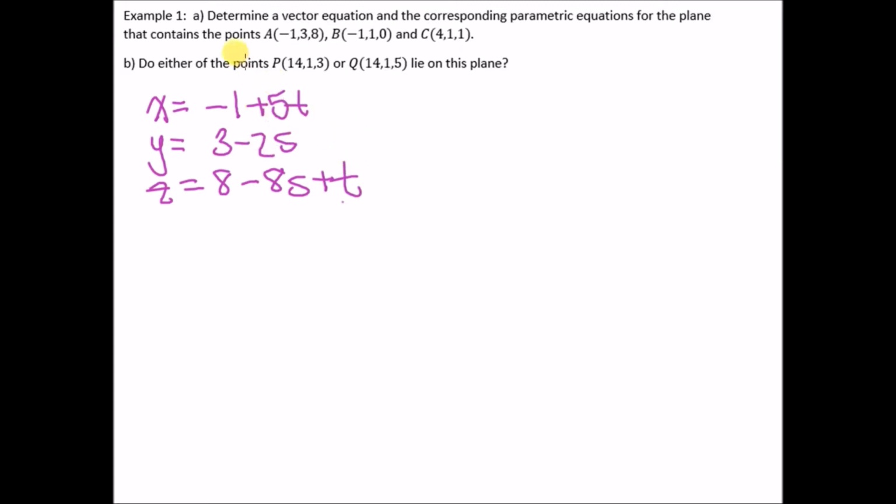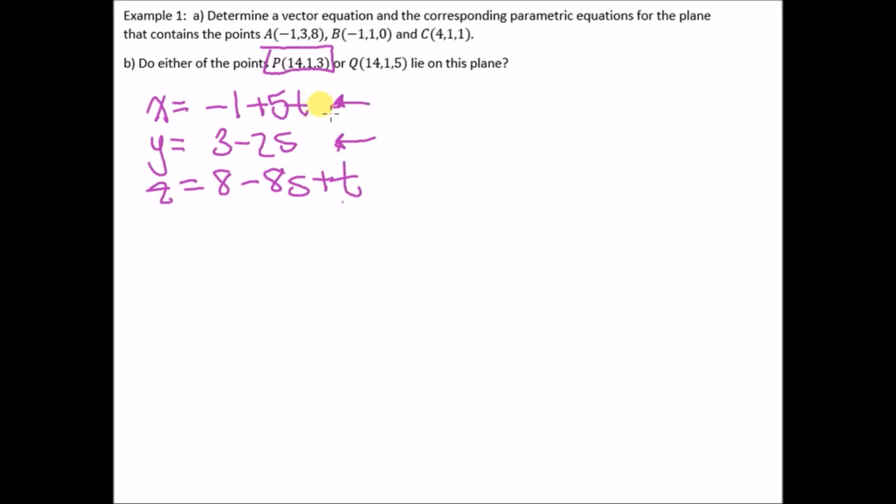So let's test if p lies on the plane. If p, 14, 1, 3, lies on the plane, all of these parameters are going to be the same. These are nice parameters because we only have a t as a parameter in x, and we only have an s as a parameter in y.